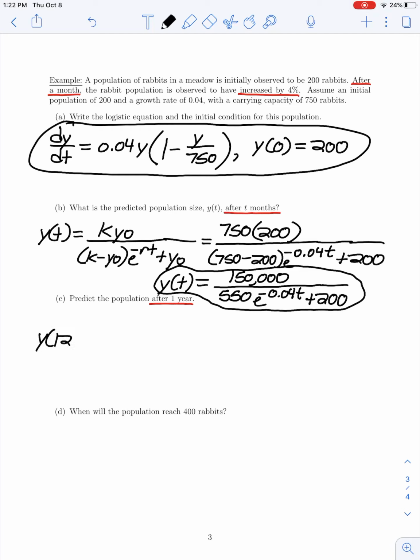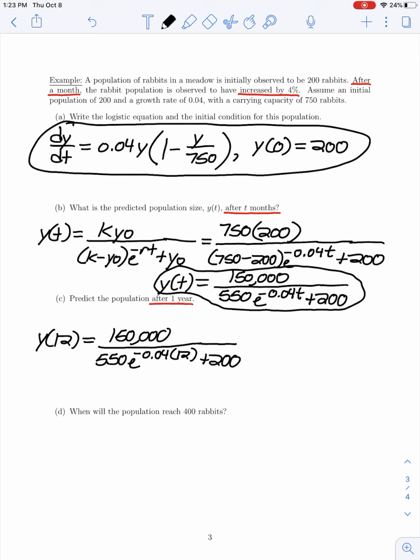So here, y of 12 is given by 150,000 over 550 times e to the negative 0.04 times 12, plus 200.